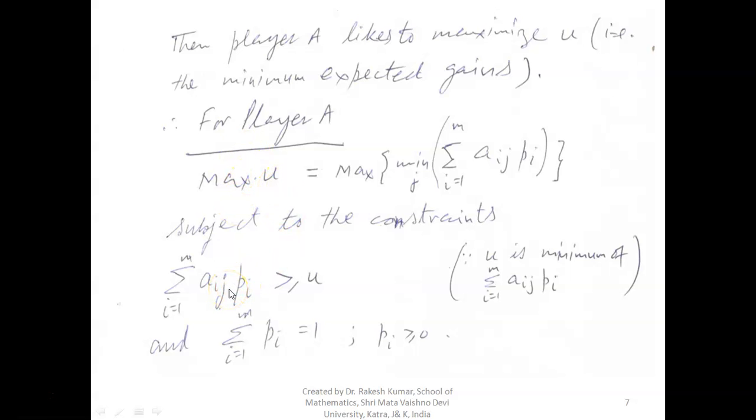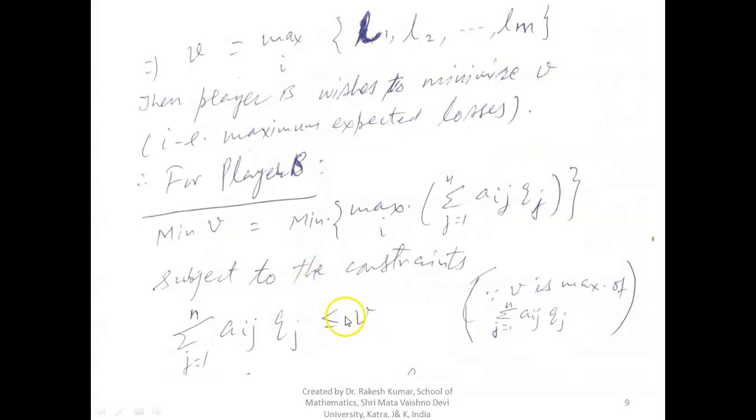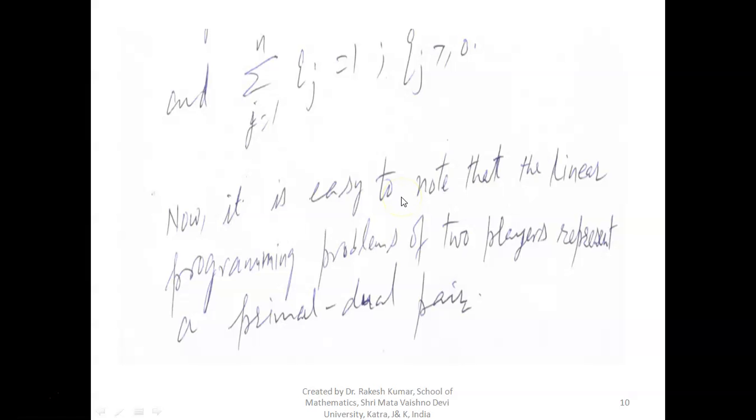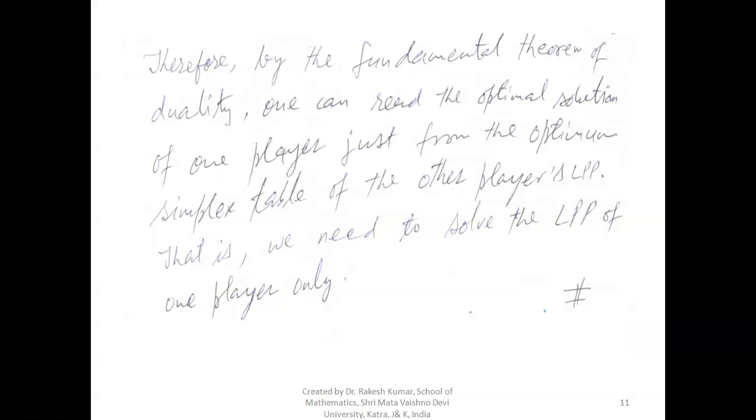And here again all the constraints are of greater than or equal to type, and there all the constraints are of less than or equal to type. So we can see that these LPPs of player A and player B form a primal dual pair. And once this is known to us, by the fundamental theorem of duality, one can read the optimal solution of one player just from the optimal simplex table of the other player's LPP.